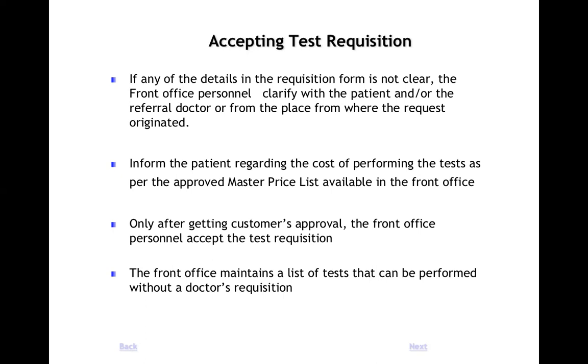Sometimes they write for peripheral smear, we see different types of requests: PBS, peripheral blood smear, GBP, general blood picture, general blood film. They use different terminology. So if something is not clear, then either clarify with the patient or referring doctor what this test is, so that you are able to perform the test in the required manner.